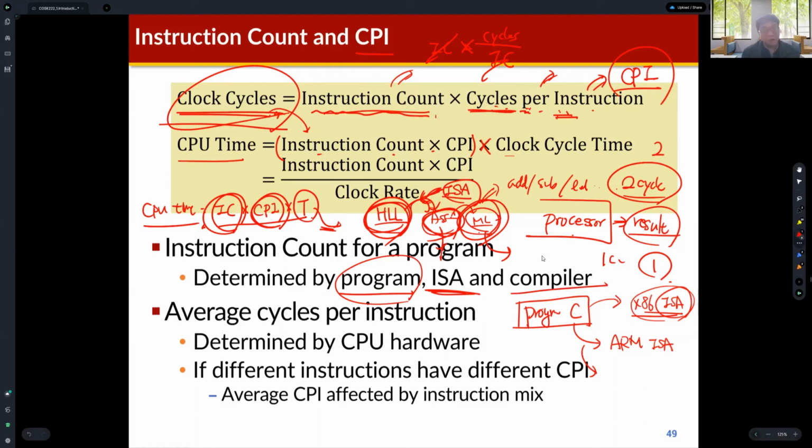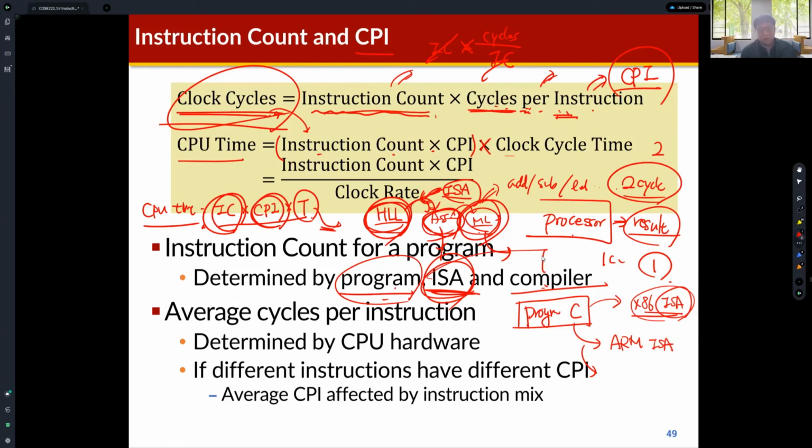Also, instruction counts are determined by compiler optimization. Okay, so it's a compiler technique. But usually, ISA is just the architecture, while the program and compiler are software, right? So it's a software part.